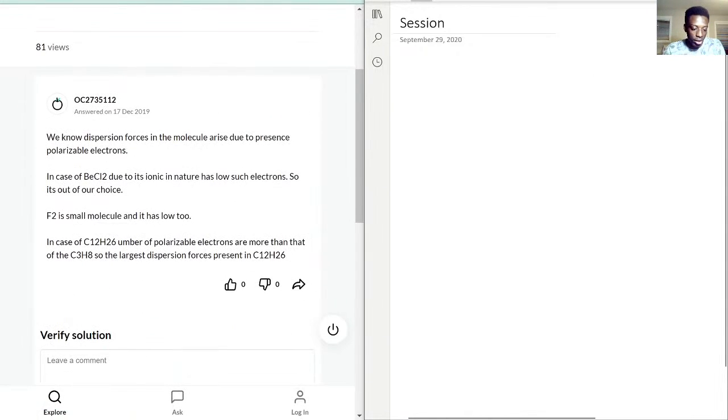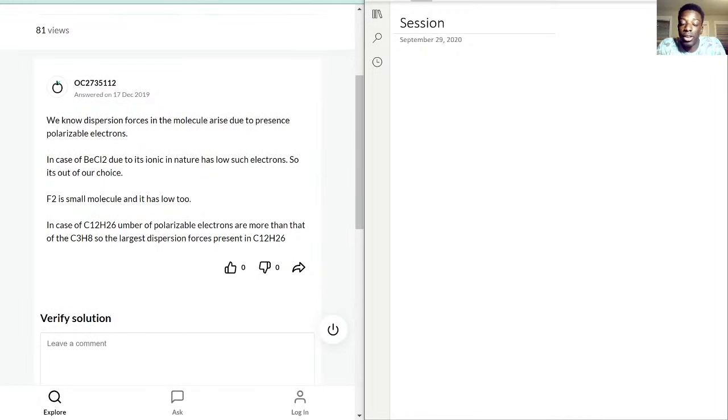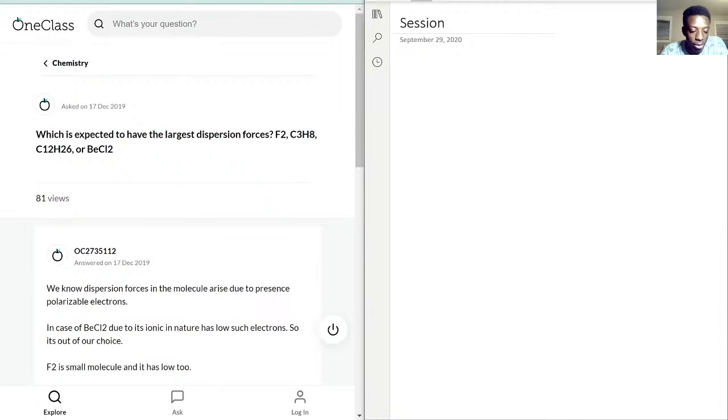Now, let's see. The next question is, hopefully I didn't scroll too far. There we go. Which is expected to have the largest dispersion force? So largest dispersion force. Okay.